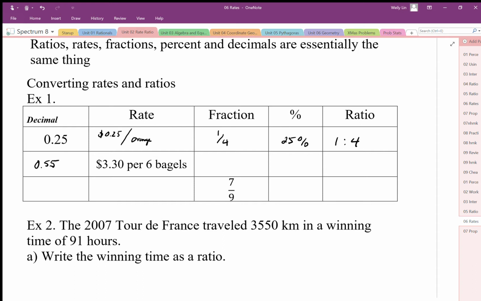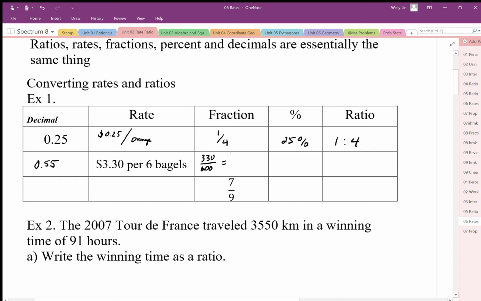Okay, as a fraction, I probably want to show this as 330 over 600. Okay, so I want to get rid of the decimals there, because as a fraction, it's implied we don't have decimals, although this does share common factors.